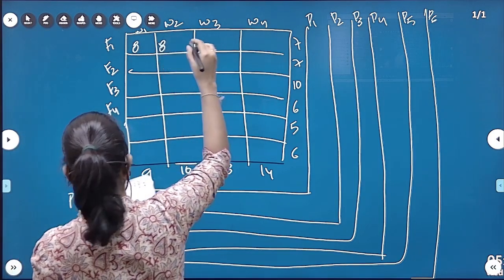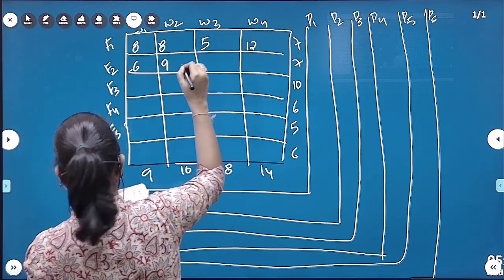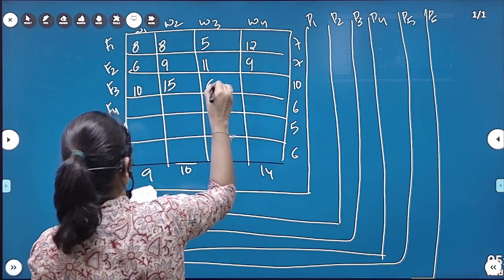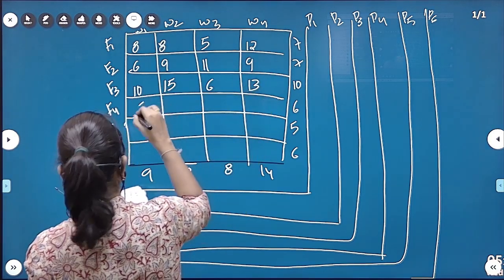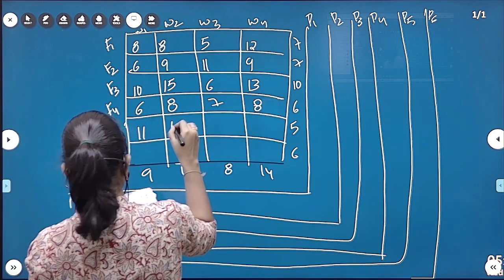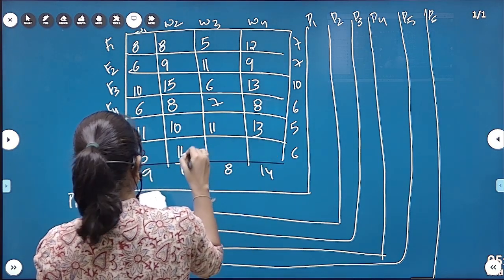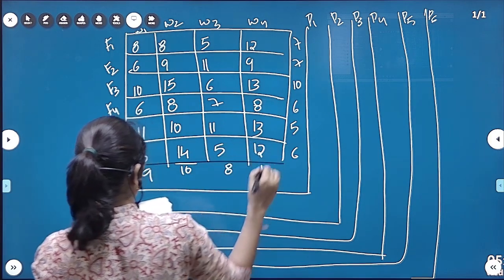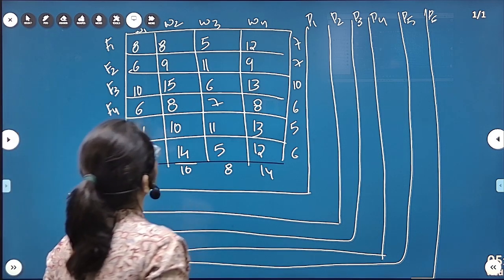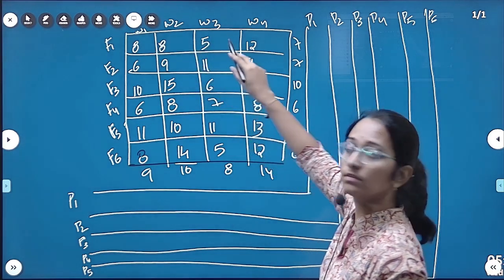8, 8, 5, 12, 6, 9, 11, 9, 10, 15, 6, 13, 6, 8, 7, 8, 11, 10, 11, 13, 8, 14, 5 and 12. So tell me the differences in the P1 in row wise. 8 minus 5, 3.